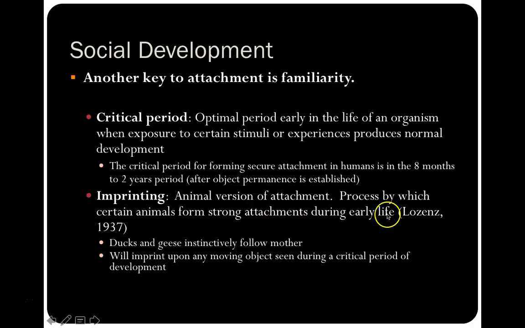Konrad Lorenz, an ethologist, studied imprinting basically in ducks and geese. He studied other organisms as well, but attachment in the form of imprinting was readily observed in fowl of this sort.